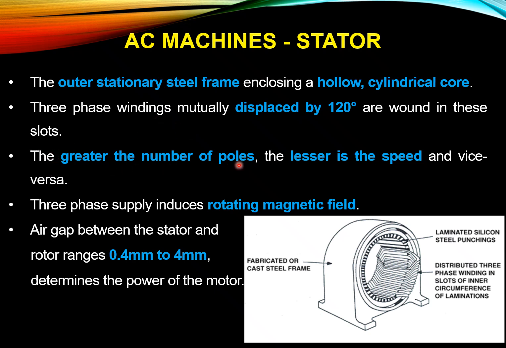The greater the number of poles, the lesser the speed, and vice versa. We need to understand that it is not the case that more poles give more speed. When the number of poles is more, there will be more friction and more switching of polarization, so it makes the speed of the motor reduce.